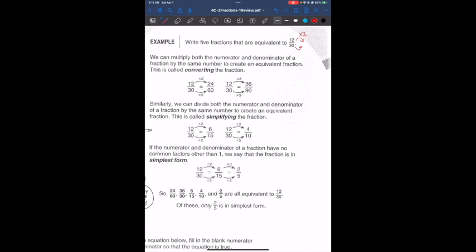Now when we multiply, though, we need to remember that the numerator and denominator are going to become multiples. So now we're increasing it, and it's not going to be the simplest form. So actually it's going to go farther away from the simplest form. But if we want to get to the simplest form, we always need to divide. But when we multiply, it's just a way of getting multiple equivalent expressions.